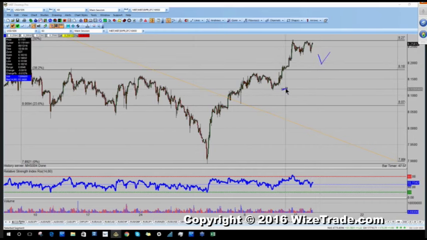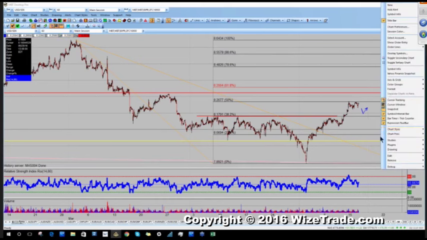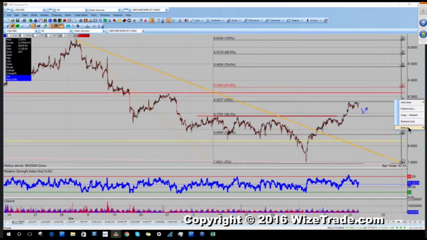That's what I was hoping to do yesterday. This thing's just not backing away. All right. Any dip to 8.18. But if we make a move above this 8.27, that's going to be significant.